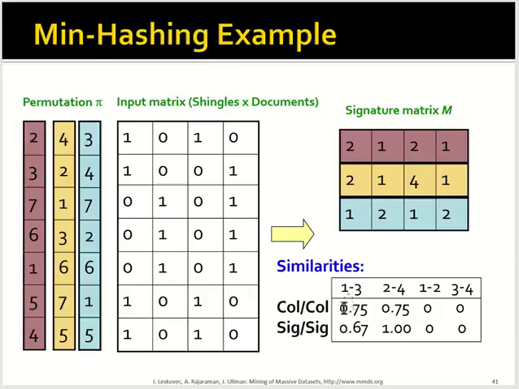So the similarity between column 1 and column 3 is 3 divided by 4, that's 0.75.